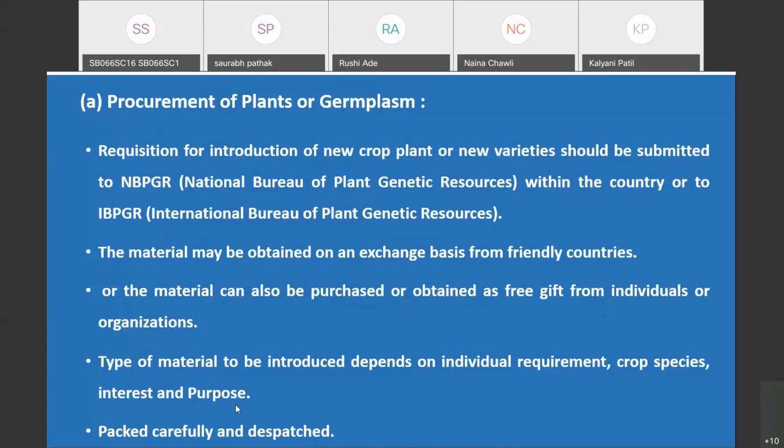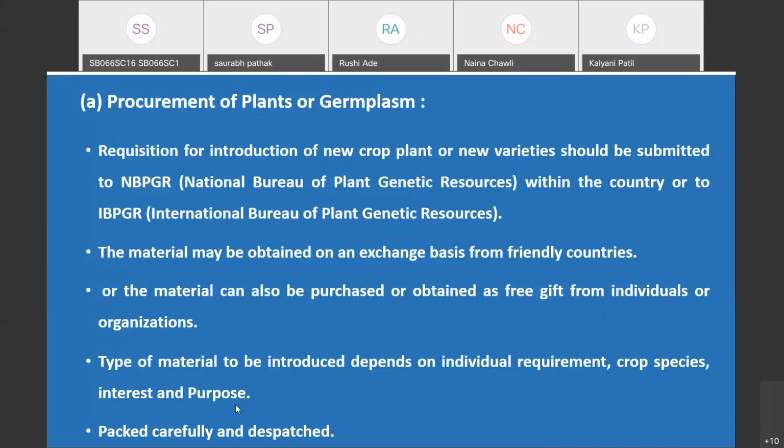Suppose the plant material you require is to preserve as a herbaria, or you wish to use that plant material in the museum, then it is important that the whole plant along with all plant parts must be introduced.